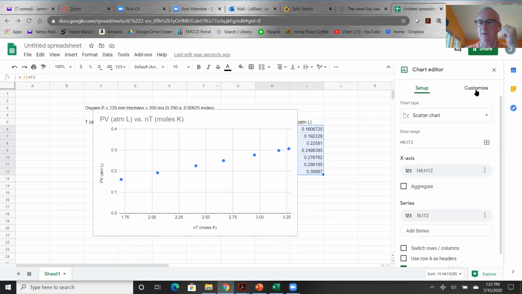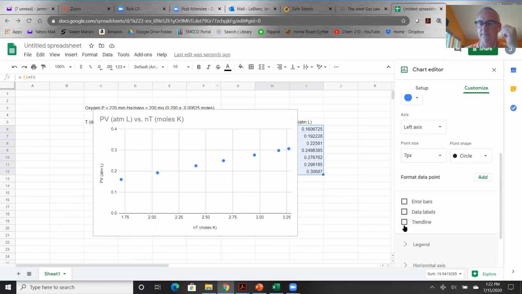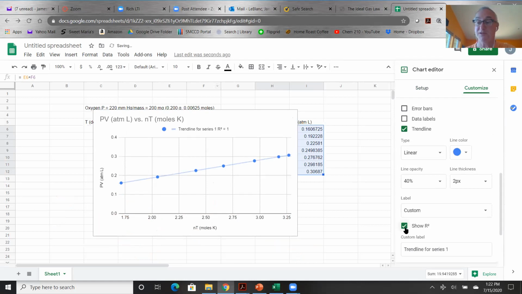Looks good so far. Customize. Series. I want the trend line. That will put a line through all those points. So far, so good. Now I want the equation. They'll show me the R squared. That tells me it's a really good line.